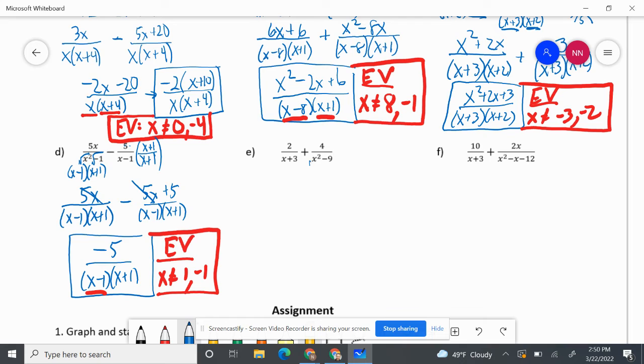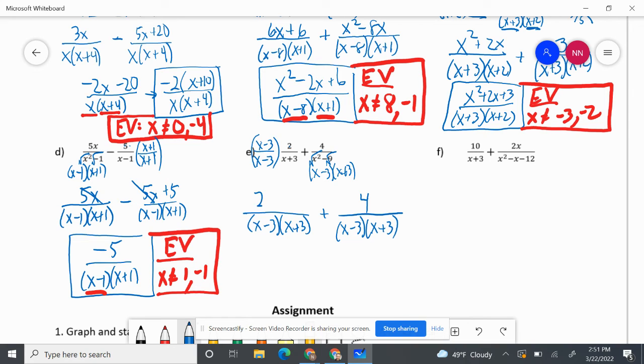So letter E, we see a difference of squares again. That's x minus 3 and x plus 3. And so that means that for our first one, we multiply it by an x minus 3. But we notice for our second one, it already has the common denominator, x minus 3, x plus 3. So that means that it stays the same, and we're just going to bring down the 4. So 2 times x is 2x. 2 times 3 is 6.